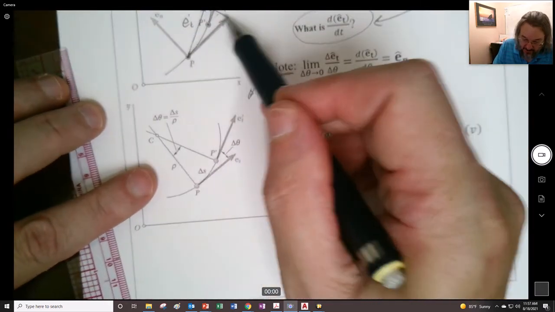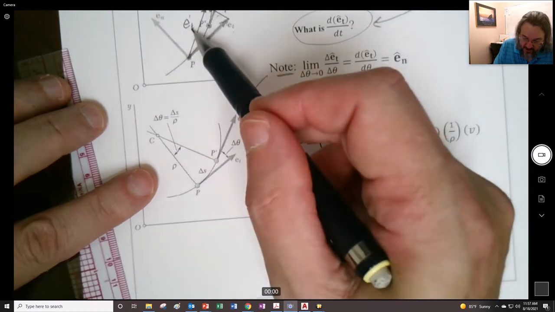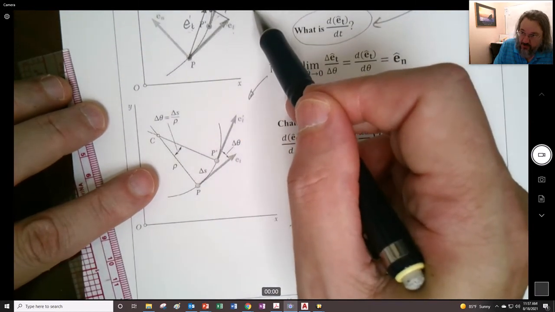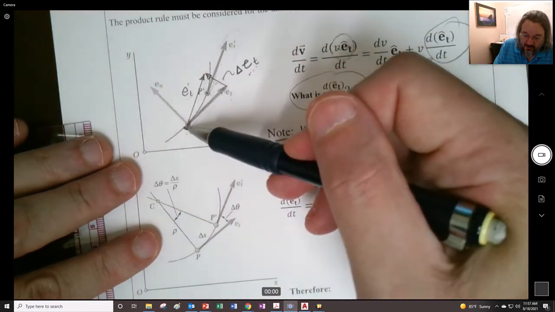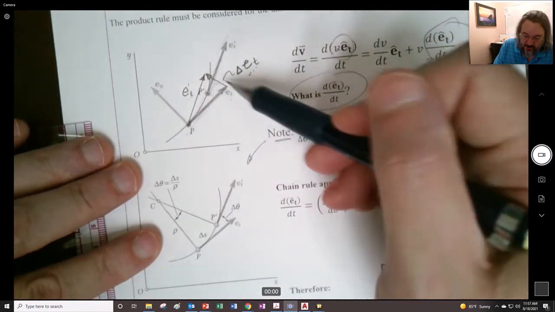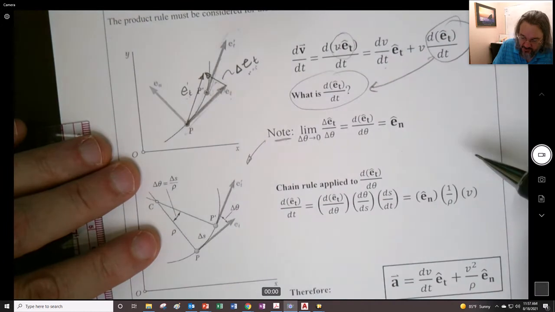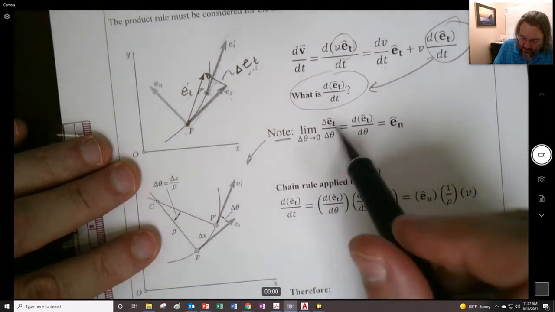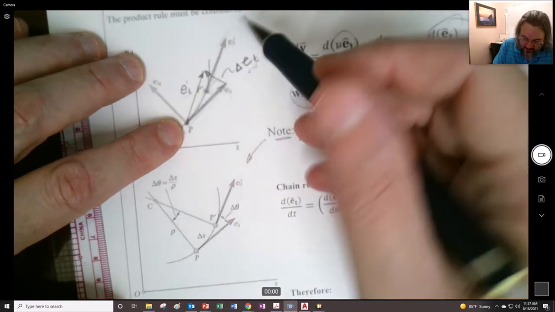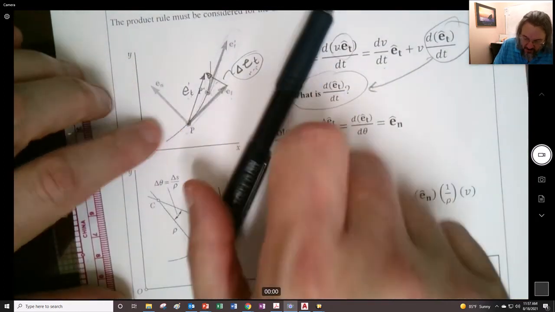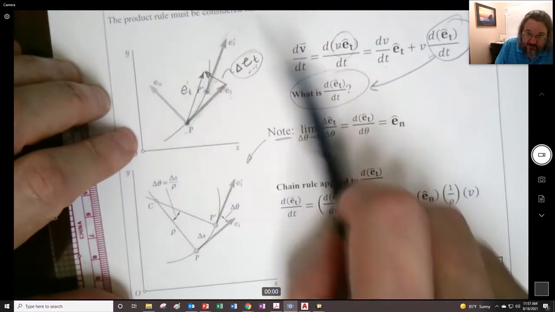That's just the change in the unit vector. The unit vector was here, is here, so if you bring these two together, you find here's what the difference was going to be. But if you kept getting smaller and smaller in here, you would note that this would start to point towards the center.